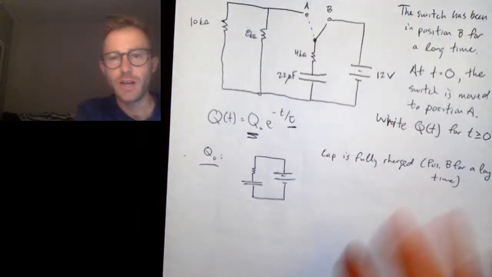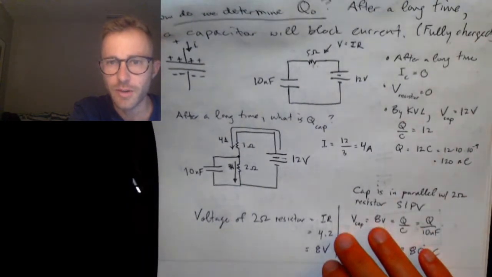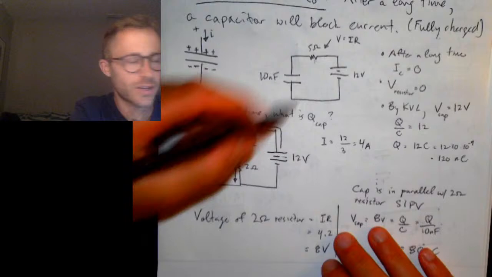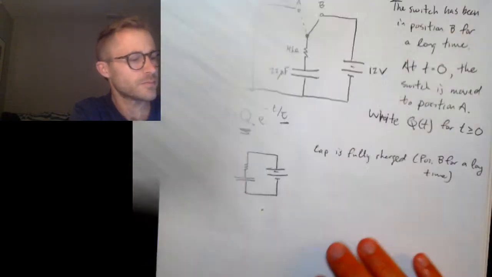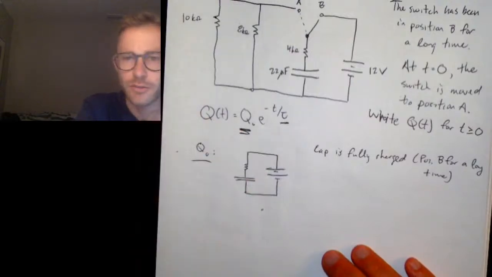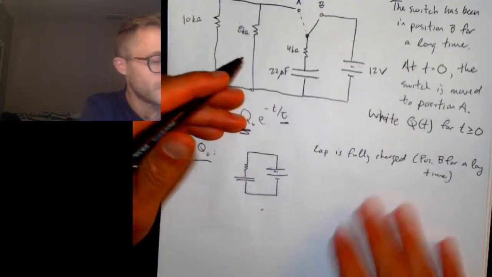So basically we have, I did 2 examples of finding the charge on a capacitor, and it's kind of like this one. This is the situation. The capacitor is fully charged, okay? So it blocks the current, okay?